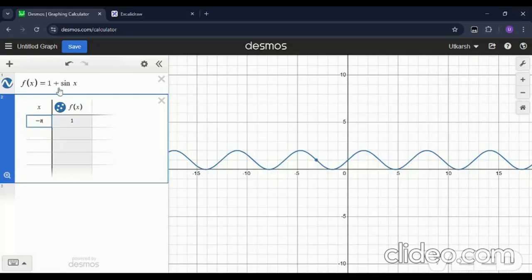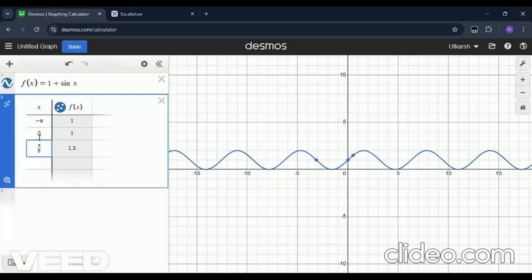So for x equal to minus pi, the corresponding y is 1, and you can fill in multiple values. You can see the tabular data.